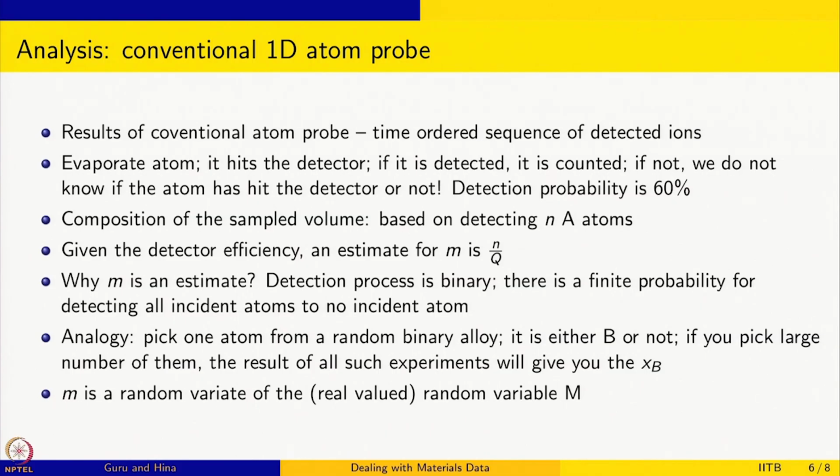Suppose your alloy composition is 0.5, you can never assure that by picking n atoms, you will have n by 2 of type B. You might pick 10, maybe 3 or 4 of them will be of type B. If you pick 100, maybe about 45 or 54 of them are B, and if you pick 1000, then you will get some 492 or 512 or something like that.